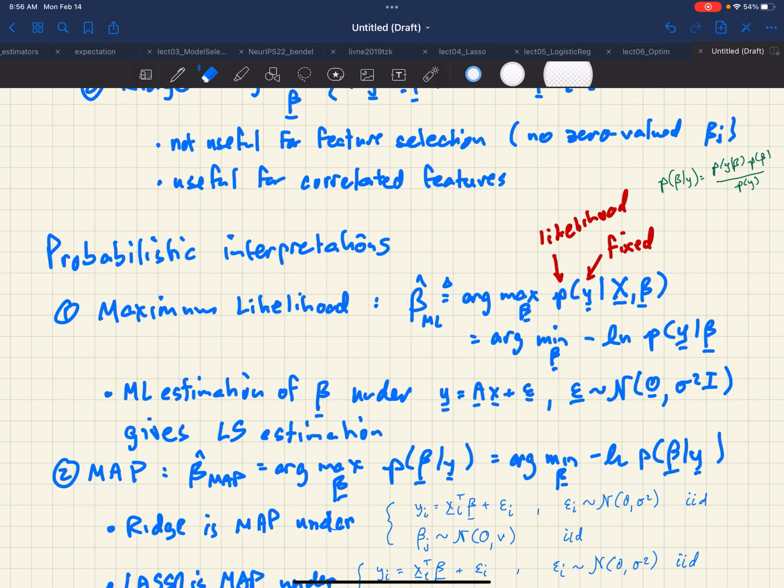So we could put x's everywhere. But yes, we do need this model. Even here, we're treating the features as deterministic, and we need the model that relates them. We think of the targets as random, and we say, what's the distribution of these targets given the features and the model parameters? That's what we need.